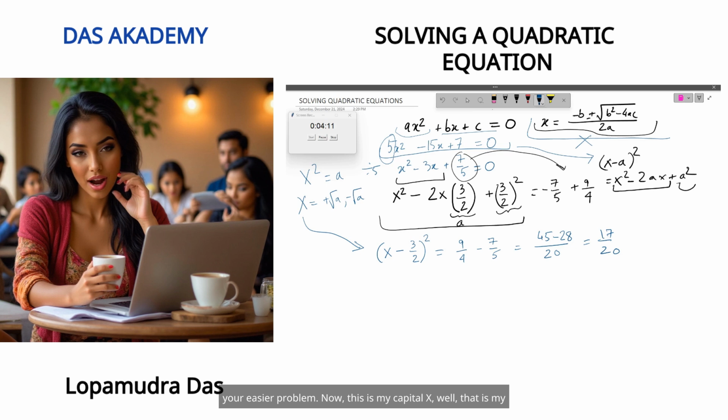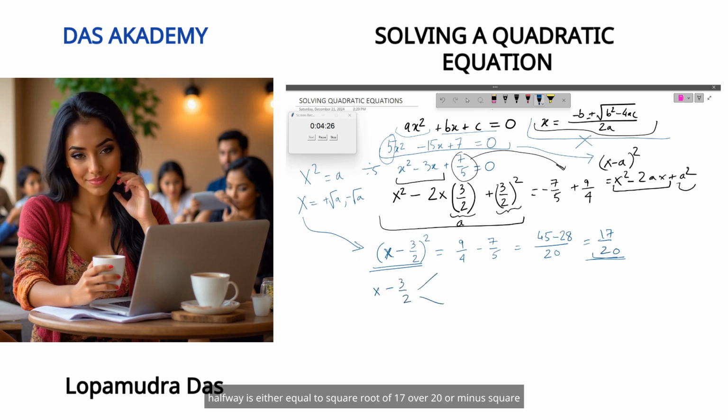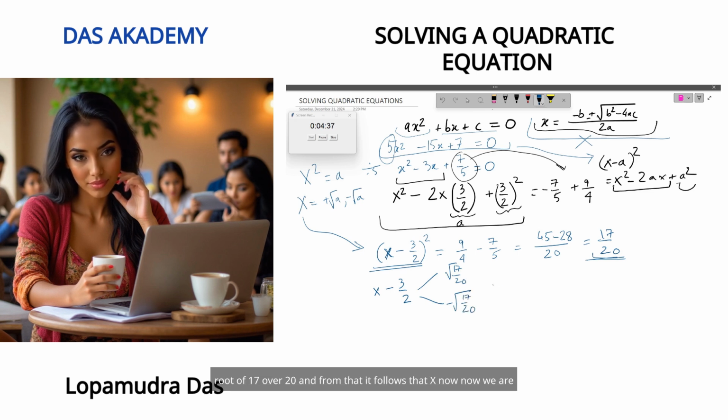Now this is my capital X. Well, that is my square, and that equals this positive number, which means x minus 3/2 is either equal to square root of 17 over 20 or minus square root of 17 over 20.